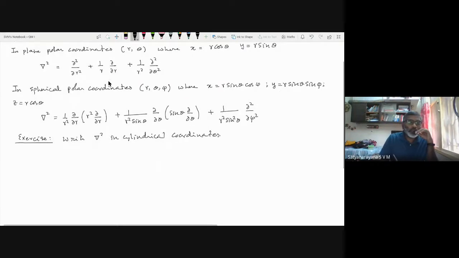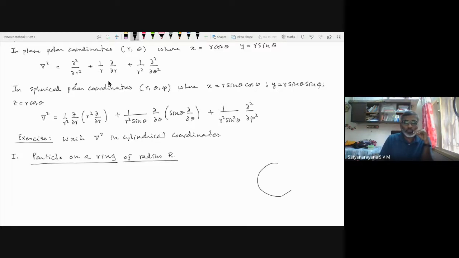One of the simplest problems is that of a particle on a ring of radius capital R. If you say that you have got a ring of radius capital R, and the particle is allowed to only move on this ring.